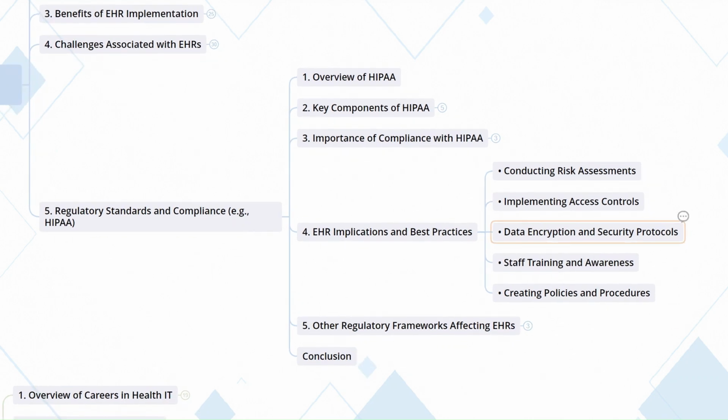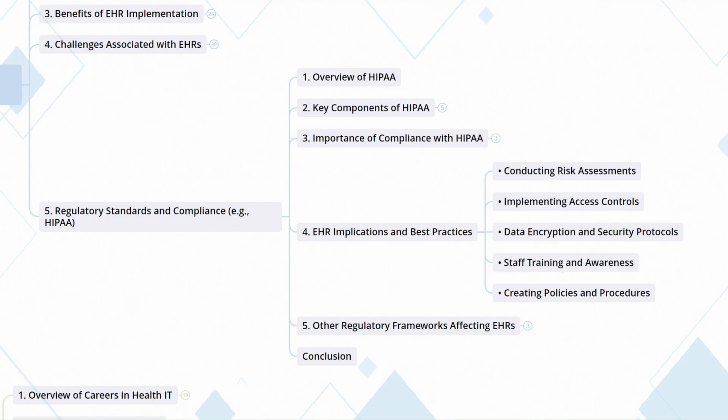Next, data encryption and security protocols. Organizations must ensure that EPHI is encrypted both in transit and at rest, alongside implementing secure login protocols such as multi factor authentication to enhance data security further.